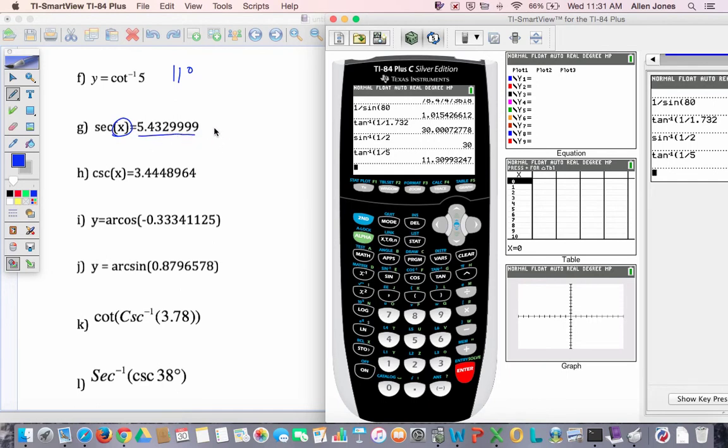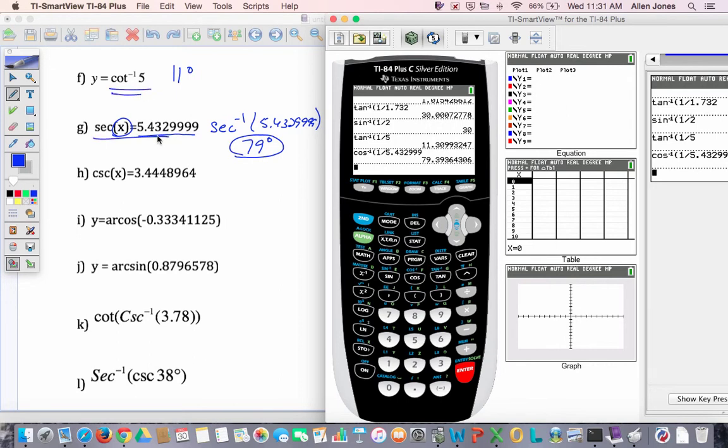The secant of x, notice that x is our angle, so 5.43299 is our ratio, or in other words, we have the inverse secant of 5.43299, and we type that in as the inverse cosine of 1 divided by 5.43299, and that gives us an angle of about 79 degrees.